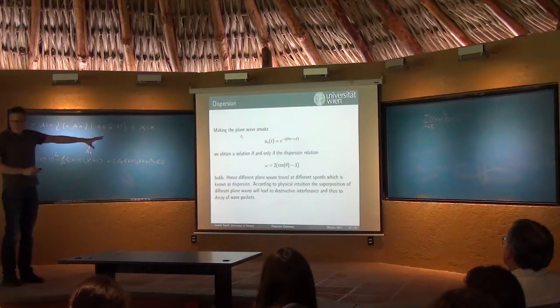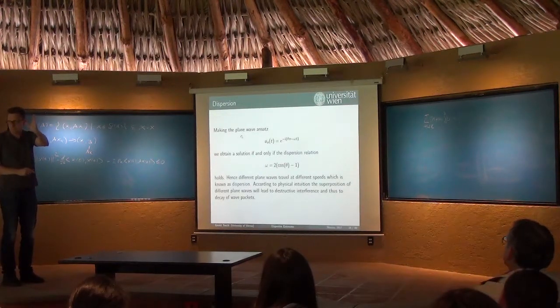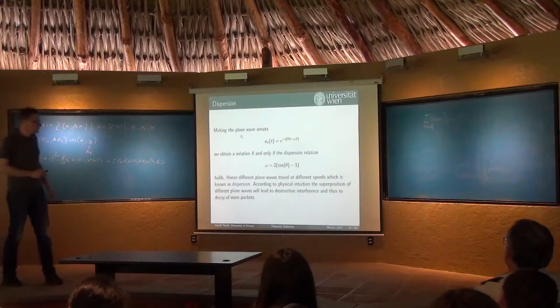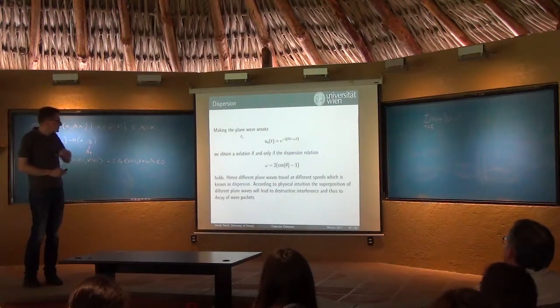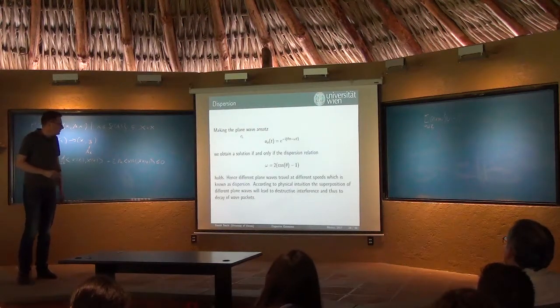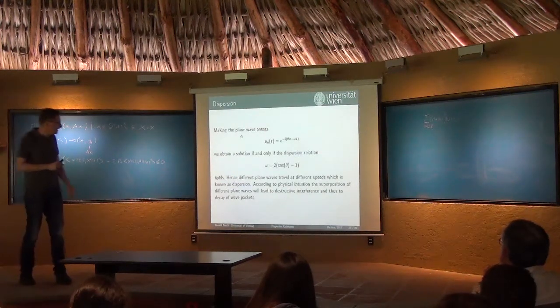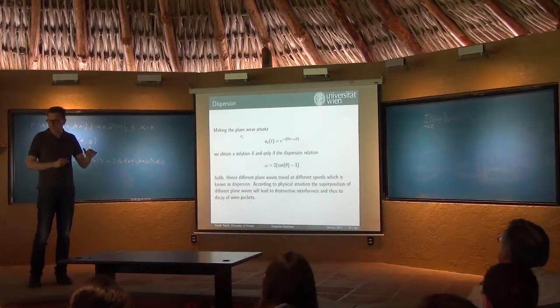If they would all be the same, which happens if you just look at the wave equation, all of these plane waves would travel at the same speed, independent of the wavelength. But in this case here, they will travel with different speeds. And so when you look at the superpositions of these wave packets, this will lead to destructive interference, and hence these wave packets will decay.